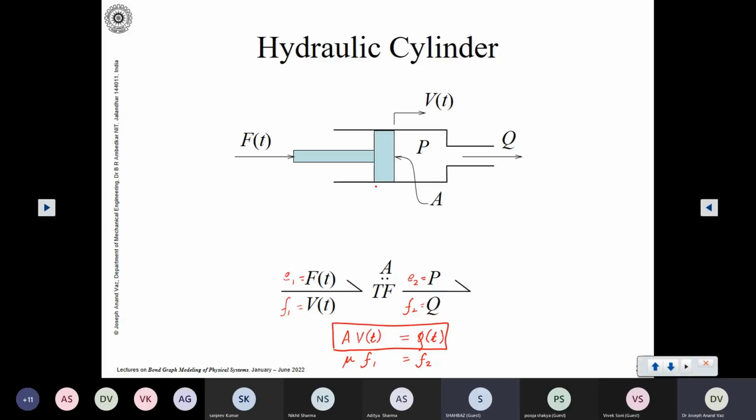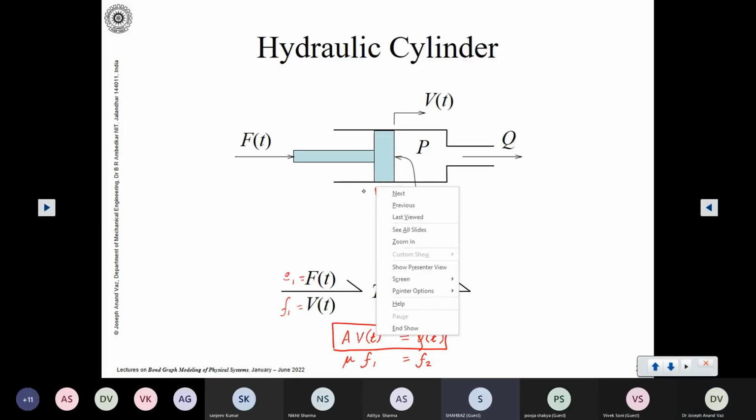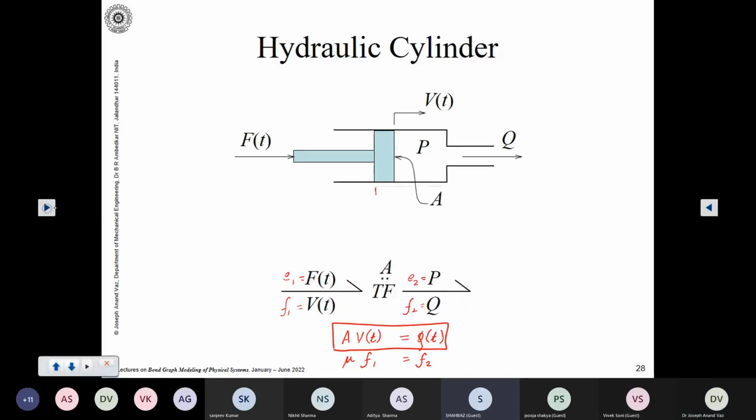Suppose that in time, let's say that in time, there is a little movement of this piston. Let us say that this piston has moved from here to here, and this displacement is delta x.